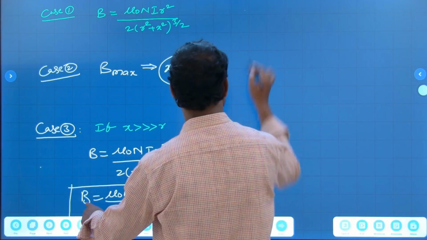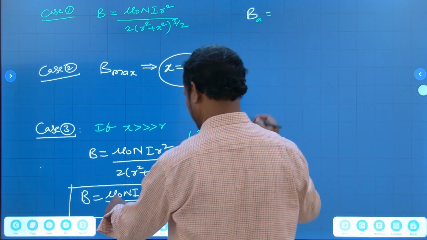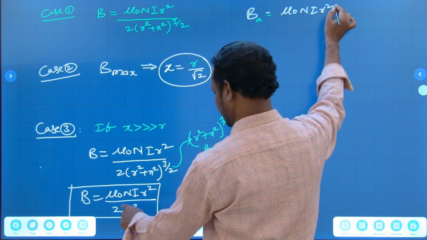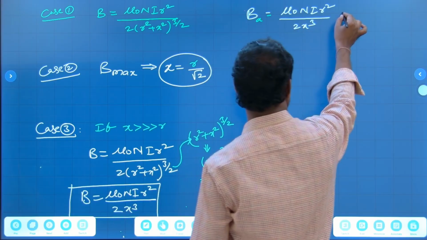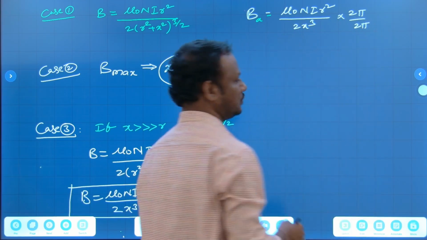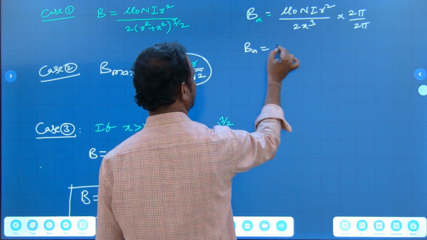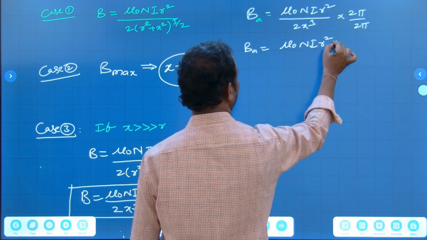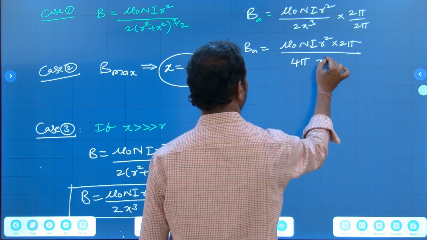This is B at an axial point, P. Mu naught N I R square by 2 X cube, multiplied and divided by 2 pi. Then B at axial is equal to mu naught N I R square into 2 pi over 4 pi X cube.